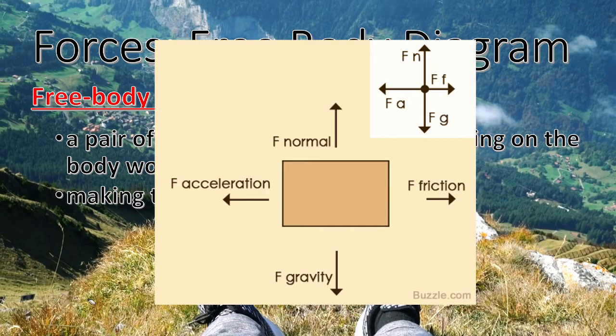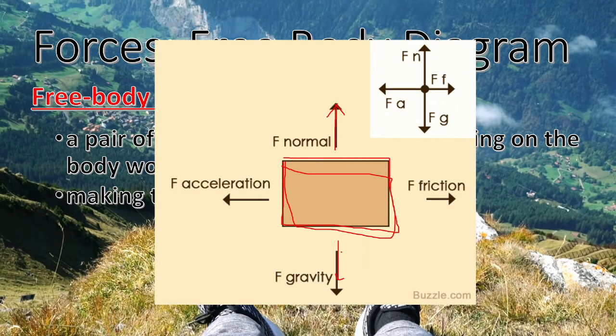Let's say we have this diagram, and we have the object here. If this object is just sitting on the ground, there would be a weight, or the force of gravity. The force of gravity is the weight, and the opposite of the force of gravity is the normal force.